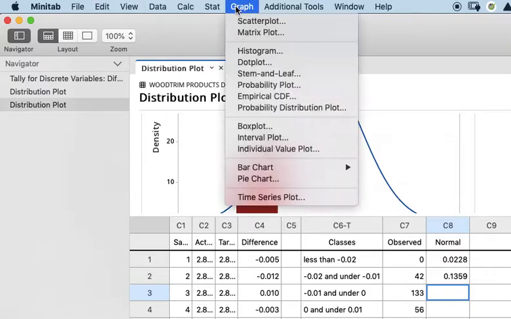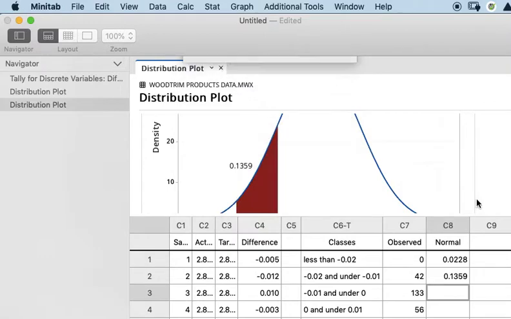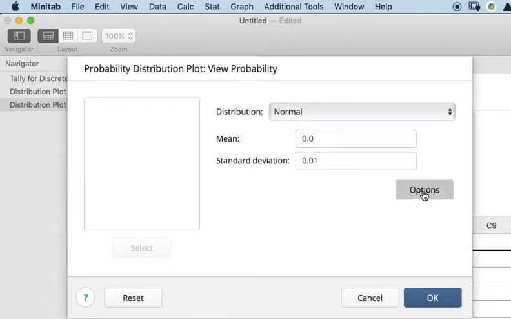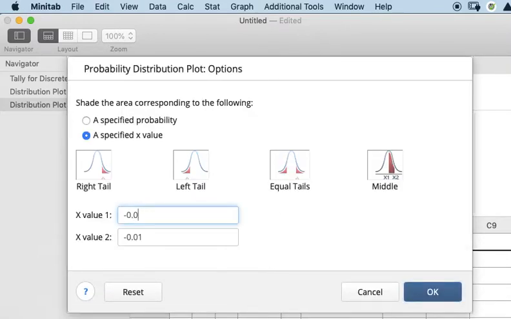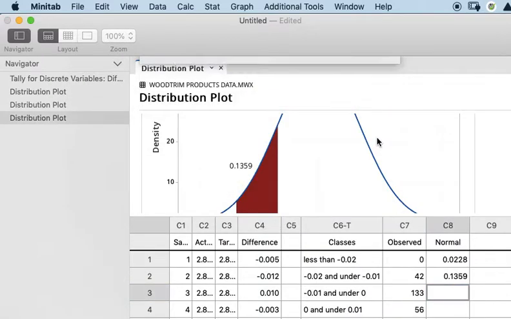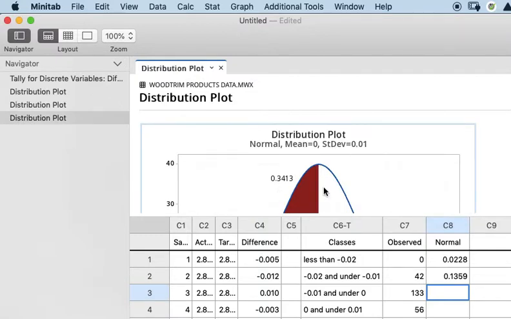And then the next one is between negative 0.01 and 0. And I get 0.3413.